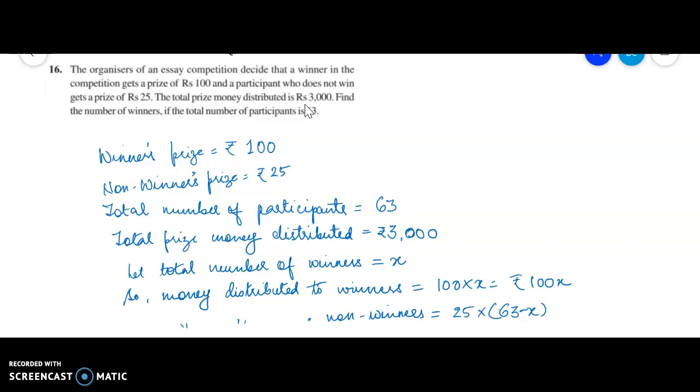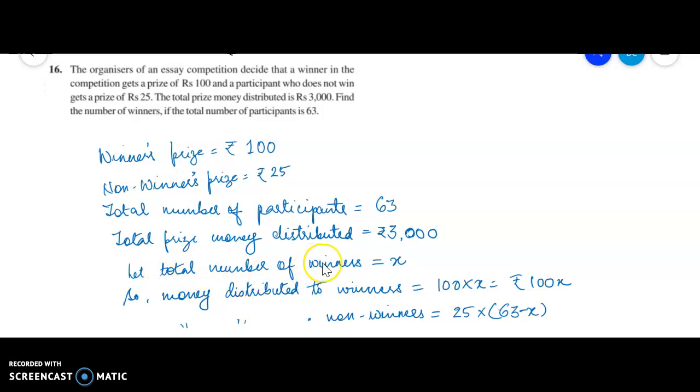We need to find the number of winners, given that the total number of participants is 63. So we can write the given information as: the winner's prize is rupees 100, the non-winner's prize is rupees 25, the total number of participants is 63, and the total prize money distributed is 3000.